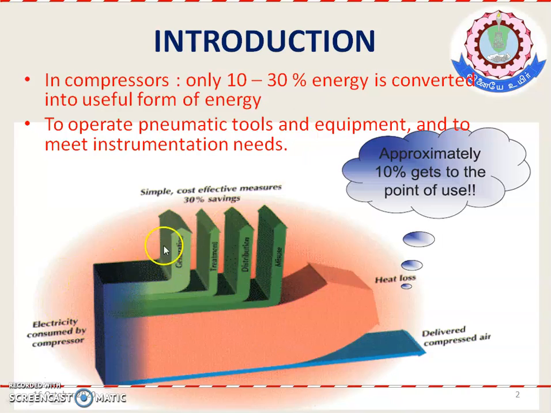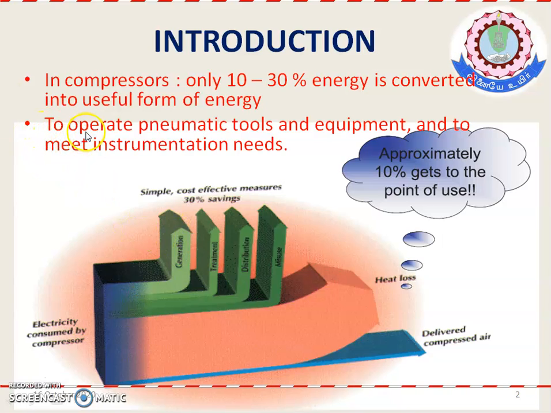That means of whatever input you are giving, almost 70% goes as a loss, and only 10% is delivered as compressed air. So what is the meaning of that? There is a wide scope for improvement of energy saving in this compressor.